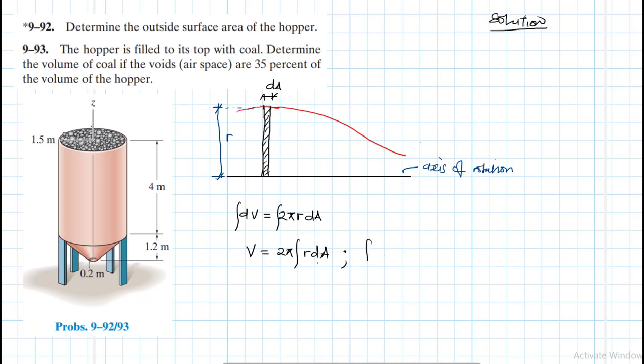And we know that the integral of r dA is also equal to just r bar A. And therefore our volume can also be written as just 2 pi r bar times area. And if it's made out of composite areas, then we can have V equal to 2 pi times the summation of r bar times area, like so.